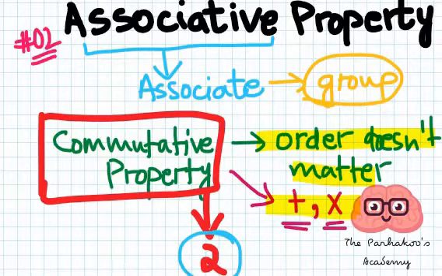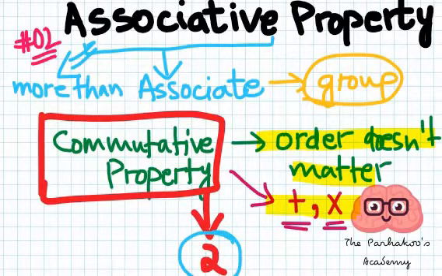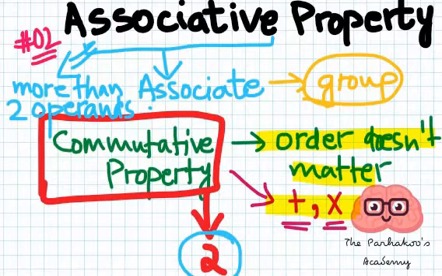When we talk about associative property, we are dealing with more than two operands. Operands are the numbers or the variables that are multiplied or added or being operated. So when we are dealing with more than two elements or operands, then we talk about associative property. So it has made our job easier.